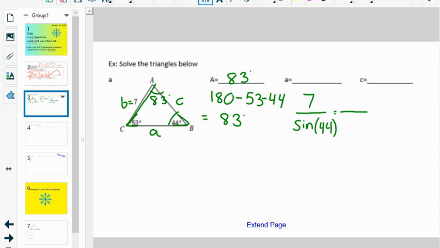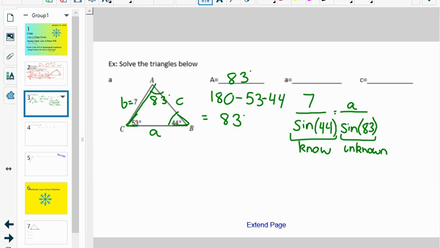Now in the other fraction, you're going to put what you don't know. So this is what we know, and this side will be the unknown. We don't know side A, but we do know angle A, which is 83. We just found that. All right, now I've set up my proportion.